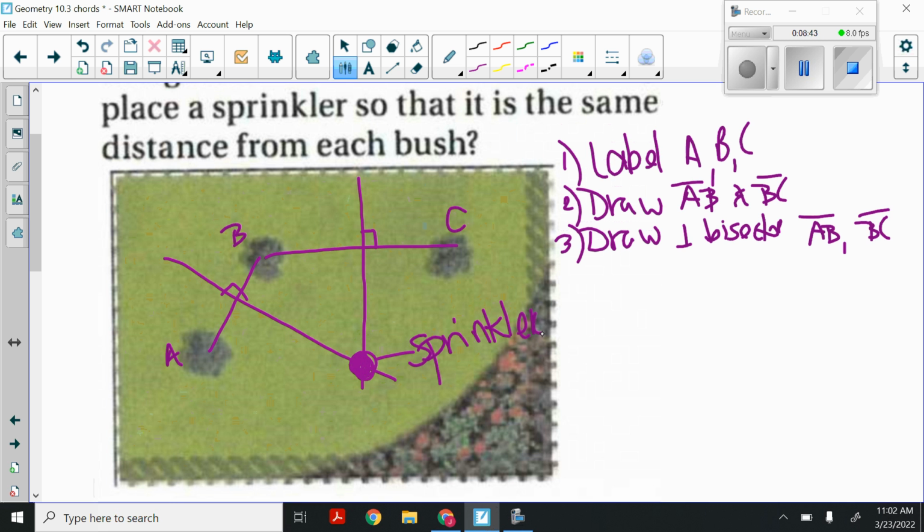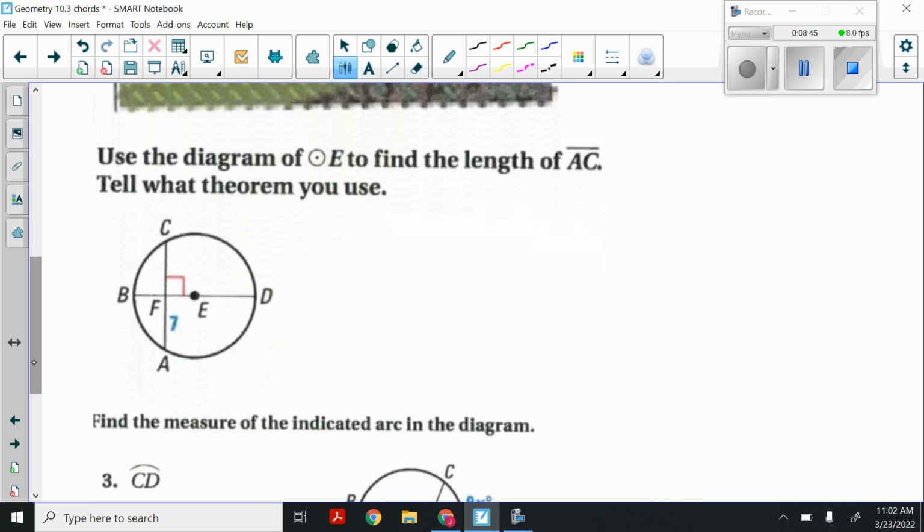All right, so next problem. Use the diagram of circle E to find the length of segment AC and then tell what theorem you used. Okay. I see that this is perpendicular, so BD and CA are perpendicular. Therefore, BD is the diameter.